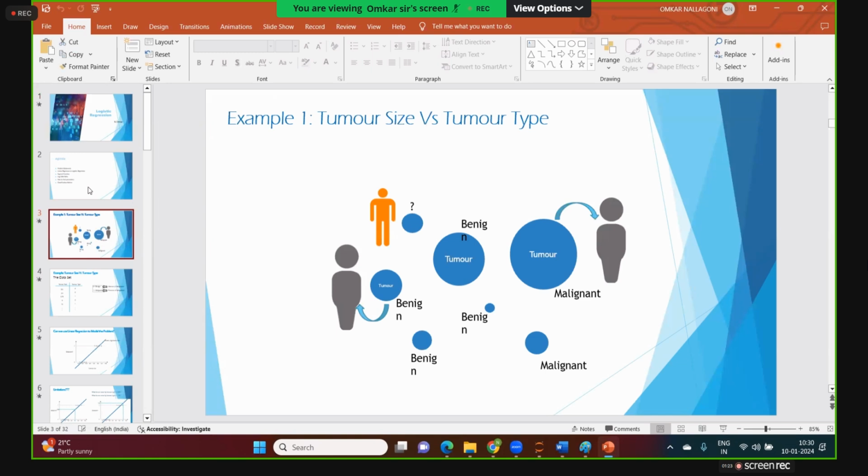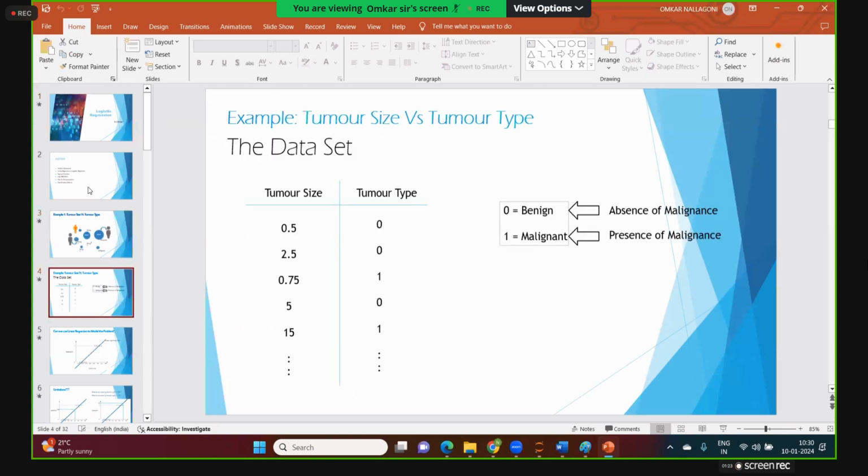One problem. Benign and malignant, those are the tumor types. Malignant means the tumor is more, benign means the tumor is less. So the data set looks like tumor size, and based on the tumor size, there is a tumor type. 0 means what tumor type? Benign. 1 means what? Malignant.